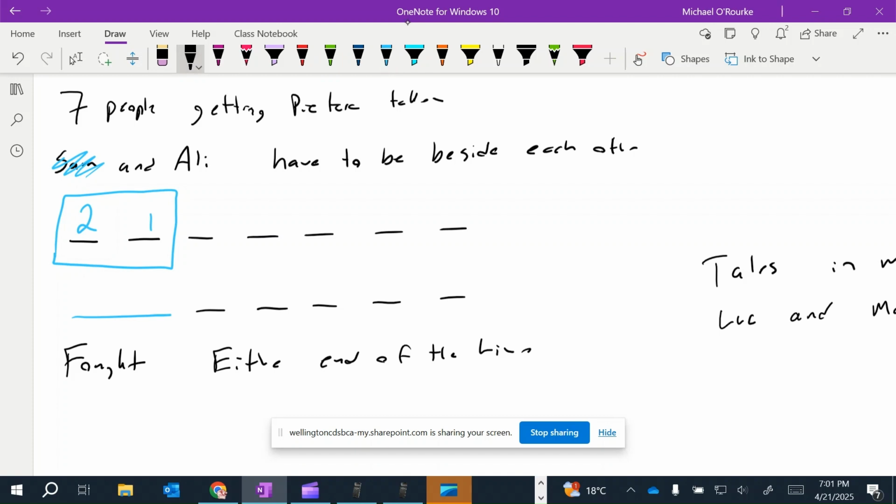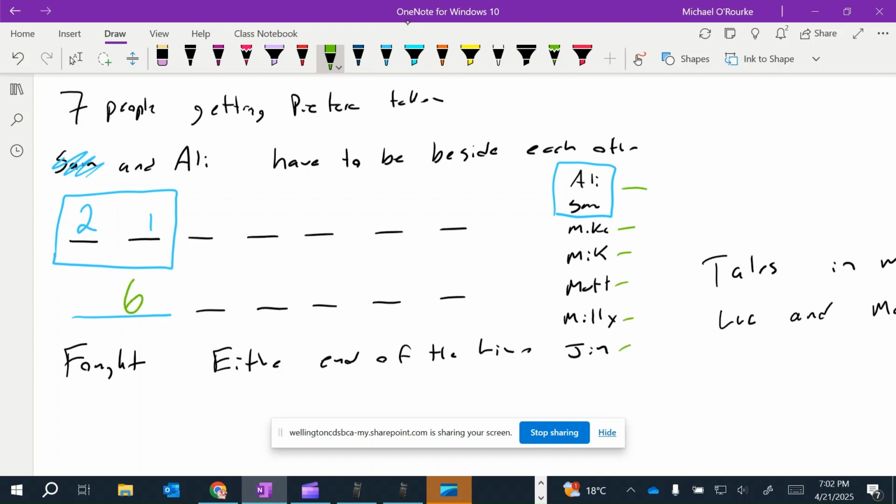And now we have, let's say there's 7 people here: Allie, Sam, Mike, Mick, Matt, Millie, and Jim. Now these guys are boxed up together. So there's one person. So now I have 1, 2, 3, 4, 5, 6 options.